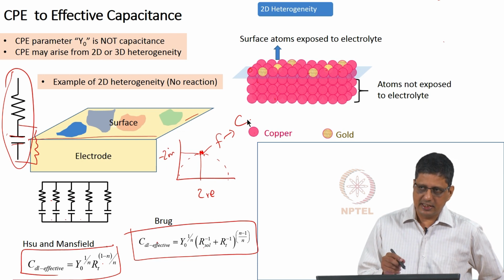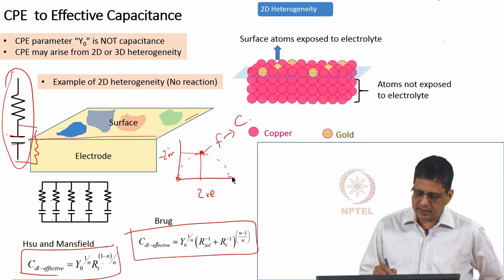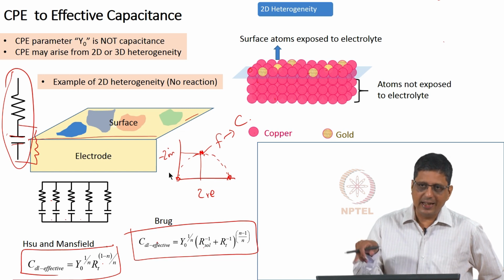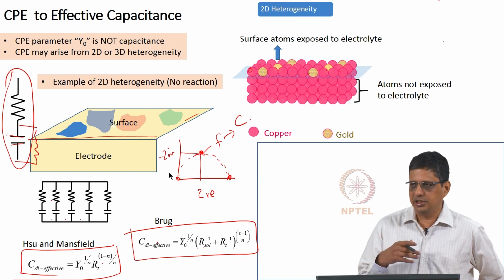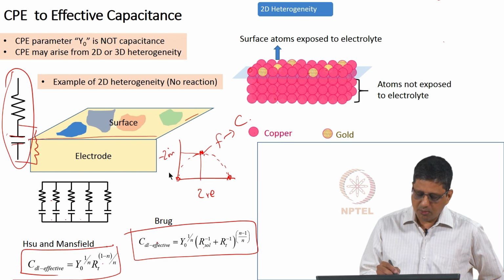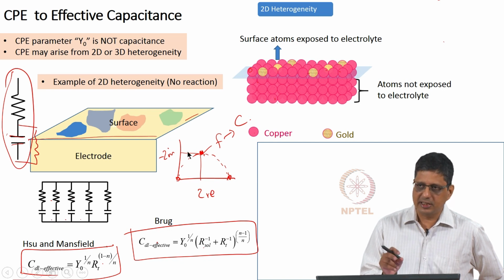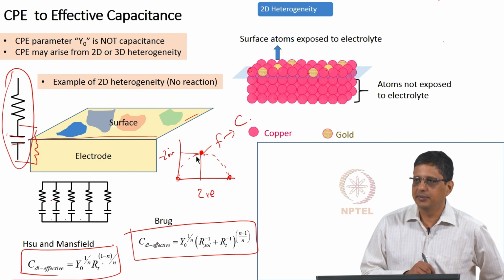If you change the capacitance, you have done this in the exercise, if you change the capacitance without changing the solution resistance and the charge transfer resistance, the points here will move, although the entire line will not appear to change. Points there will move, and if I mark the frequency at which the maximum occurs, I can find capacitance from that. So, there is a way to extract the capacitance by looking at the maximum value here.